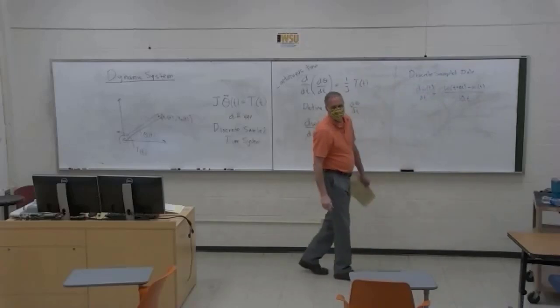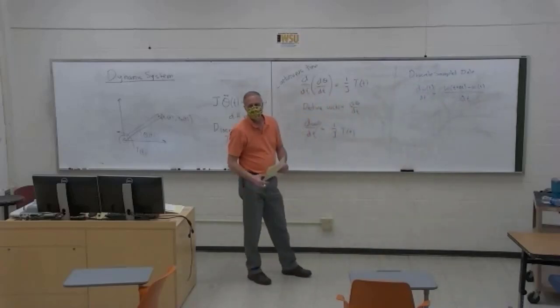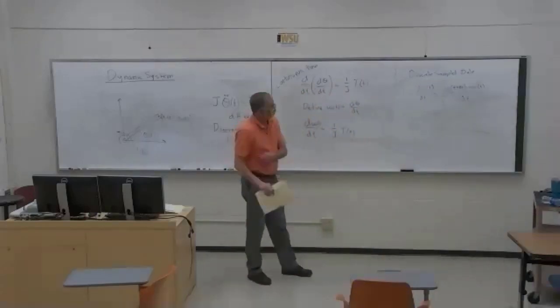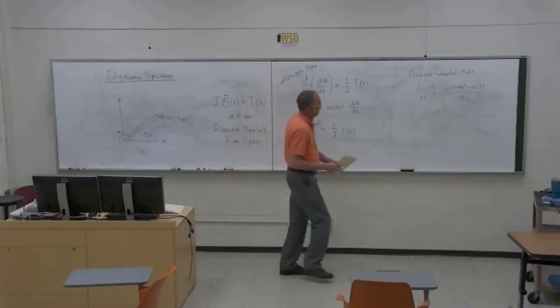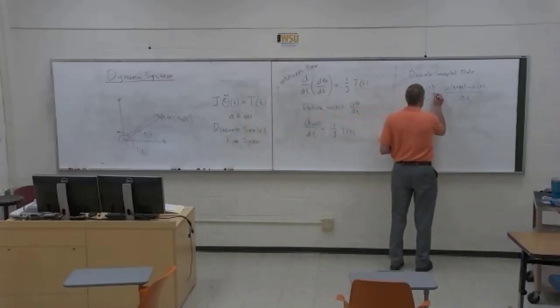So that's just the definition of a derivative in calculus, because if we took the limit as dt goes to 0 or delta t goes to 0, we get the derivative, right? So right now this is an approximation.